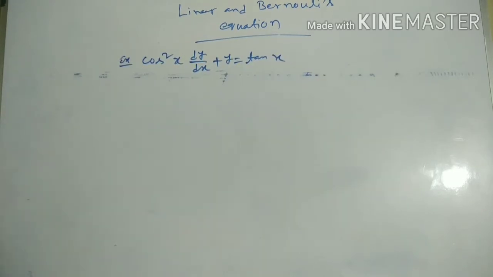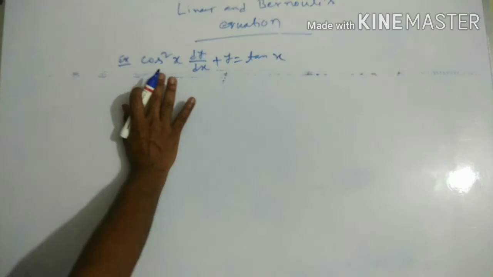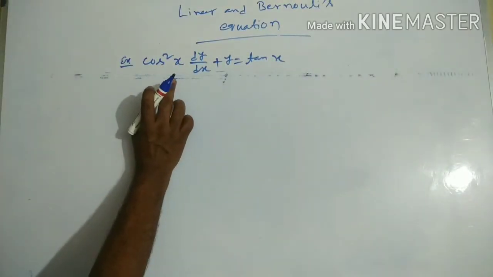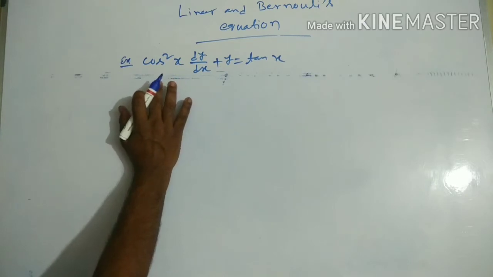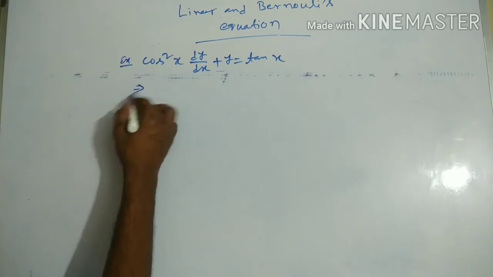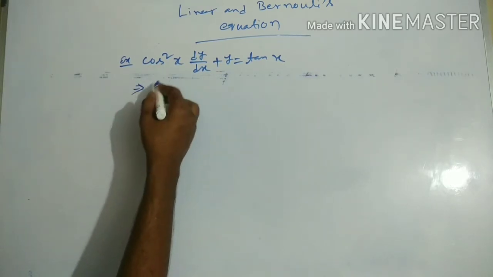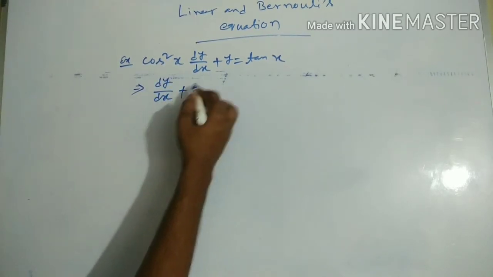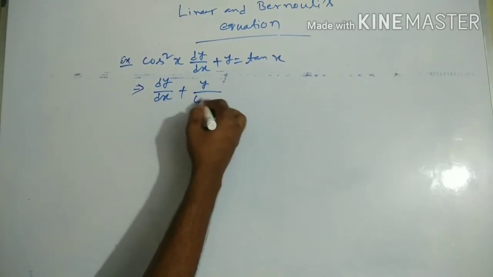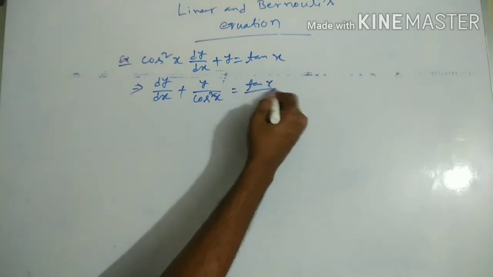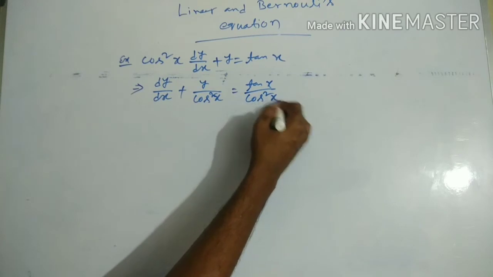So first see that this equation is a linear equation, but it is not matching with the general form I have written before. So to reduce it to that general form, we are dividing this equation by cos square x. So this will be dy/dx + y/cos square x equal to tan x/cos square x.